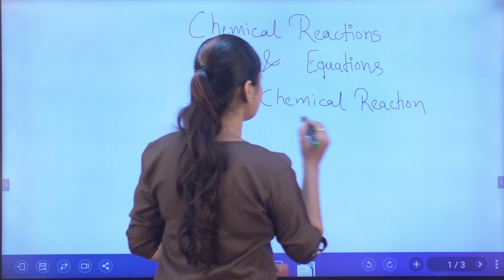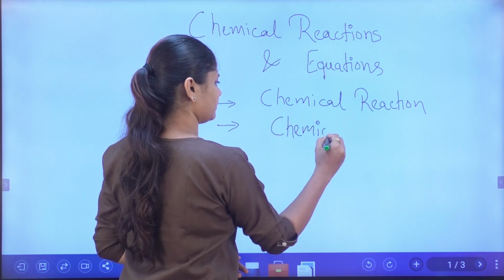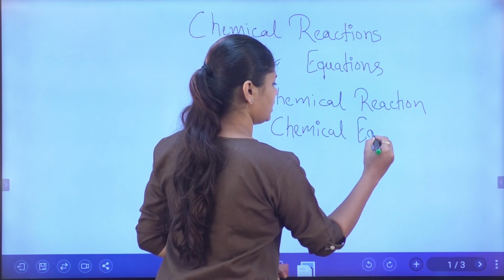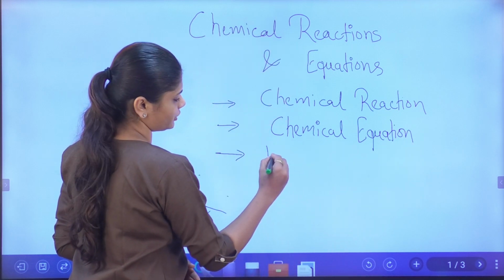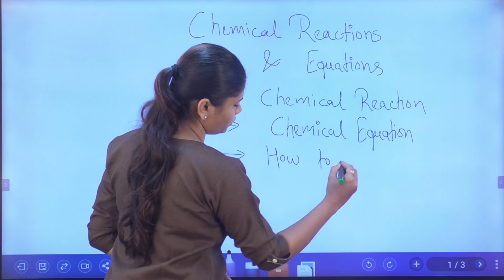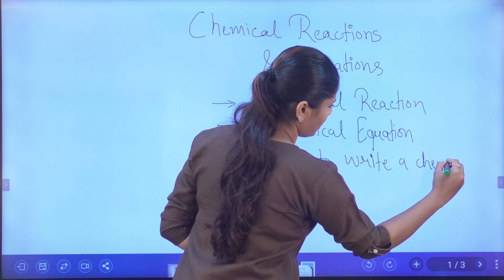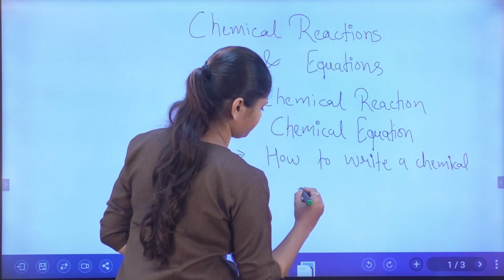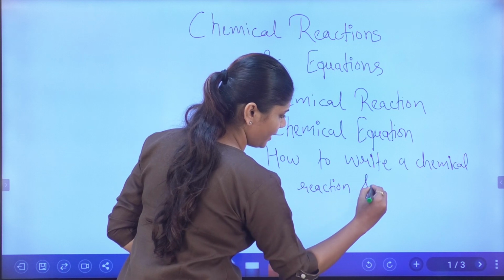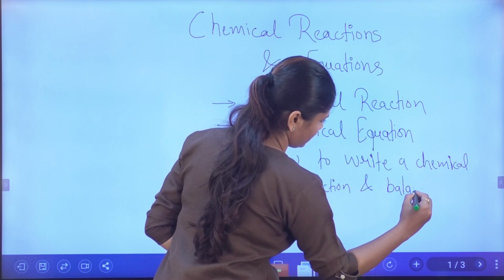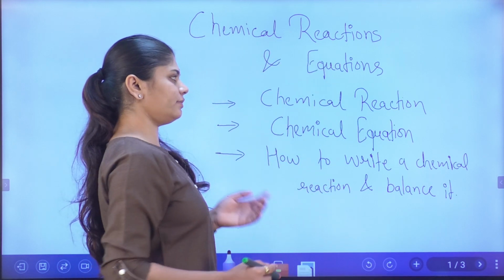Then we will see what chemical equations are, and then how to write a chemical reaction and how to balance it. So these are the three topics we will cover in this lecture.